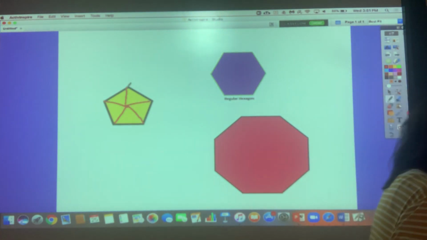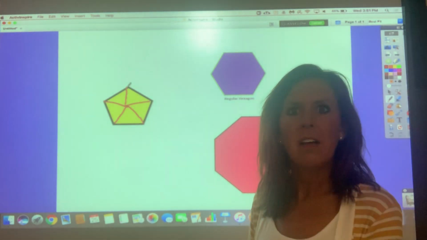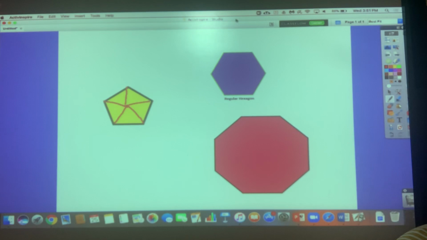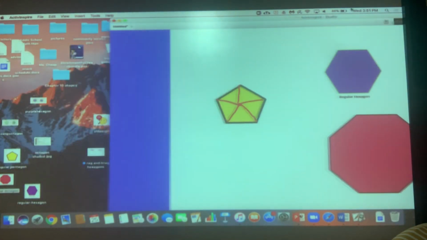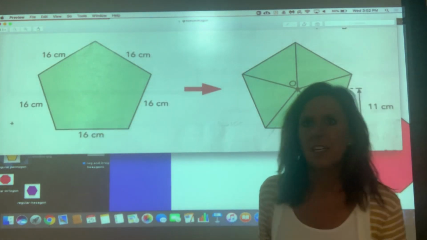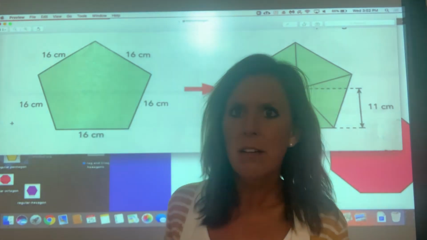Okay, so what does that help us? How does that help us find the area of these regular polygons? Well, let's look at this example right here. Here we have a pentagon, which we know is the five-sided shape. You see here that the sides are all 16.